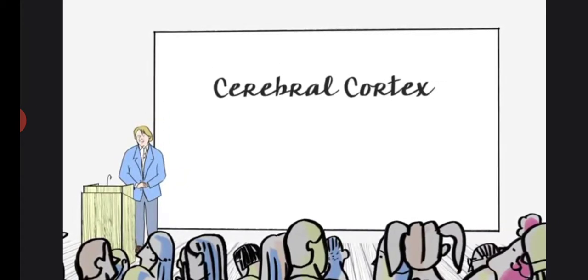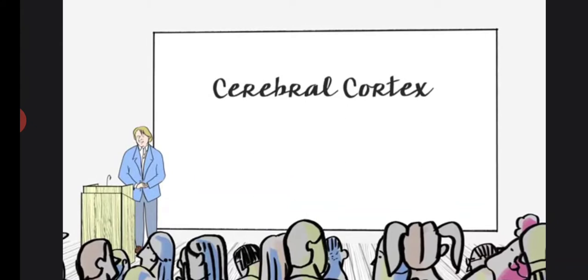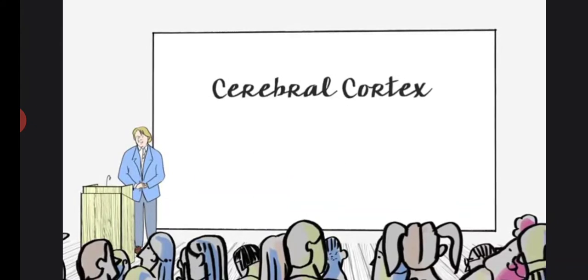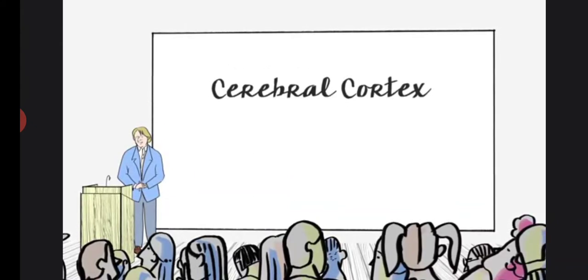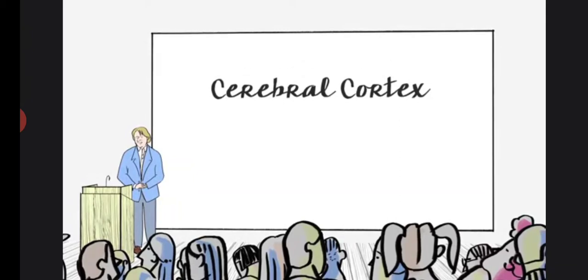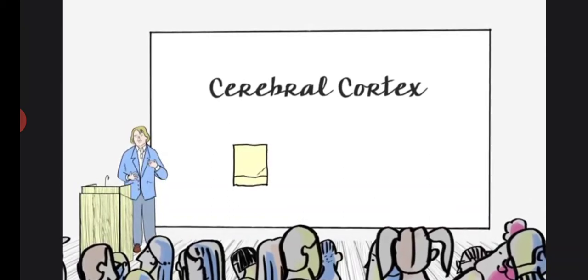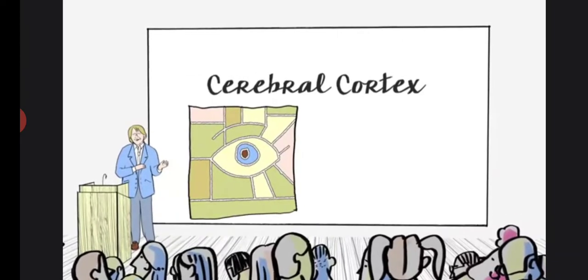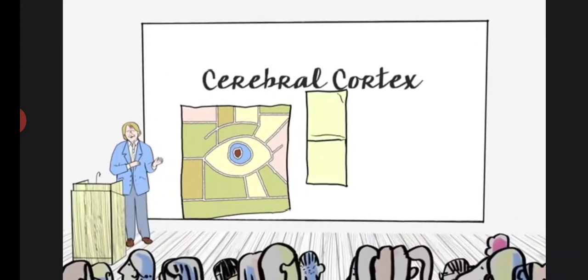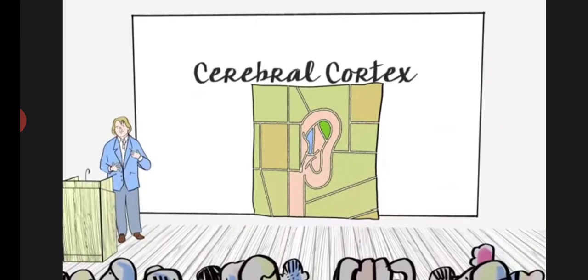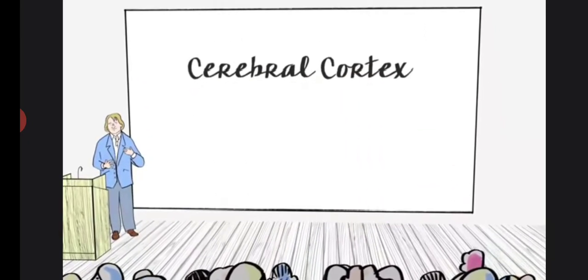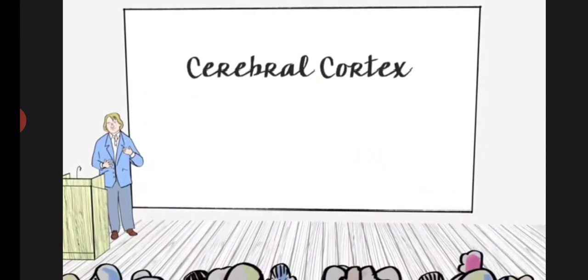In fact, in the occipital lobe you have a map for vision, and in the temporal lobe you have a map for sound. What's really cool is, I said the map is topographical, but the size of the brain areas doesn't correspond to the size of the actual body areas, but rather to the extent to which there is motor or sensory function.